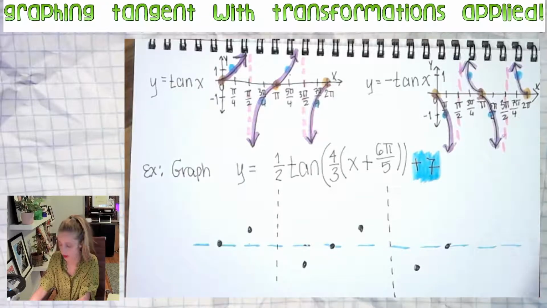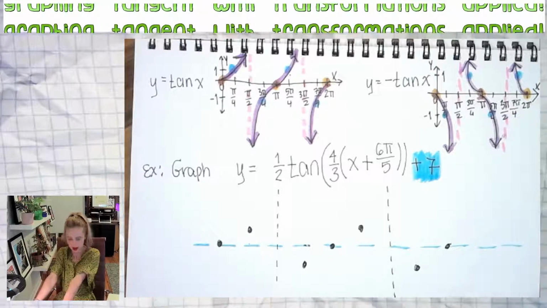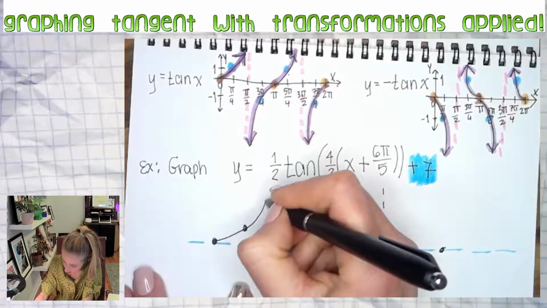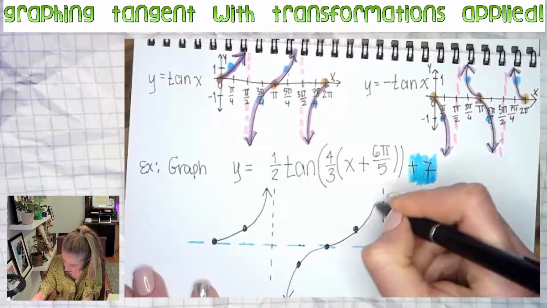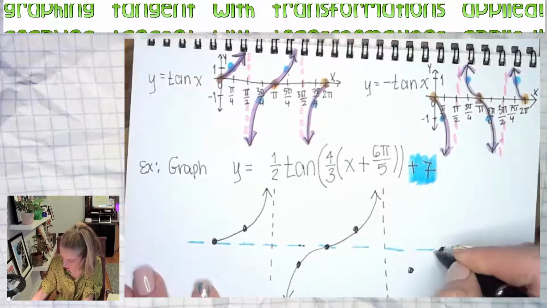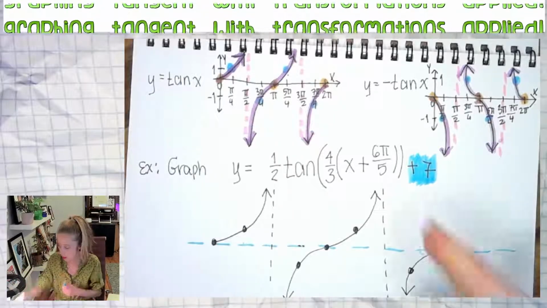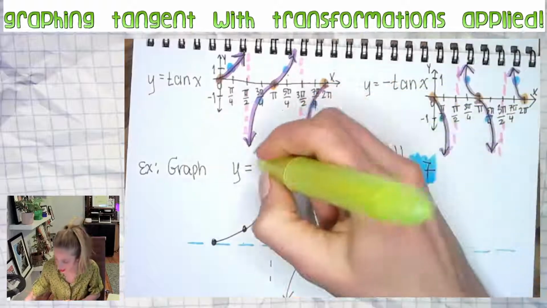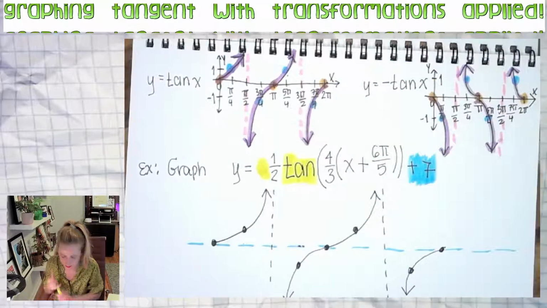My spacing's not perfect, but there we go. We have our skeleton done for tangent. We can connect it. There we go. So what have I addressed so far? Plus 7. And I also addressed the fact that it is positive and the fact that it is tangent.